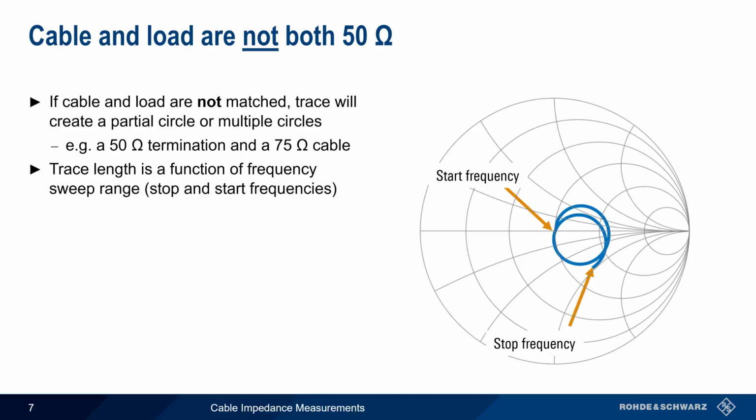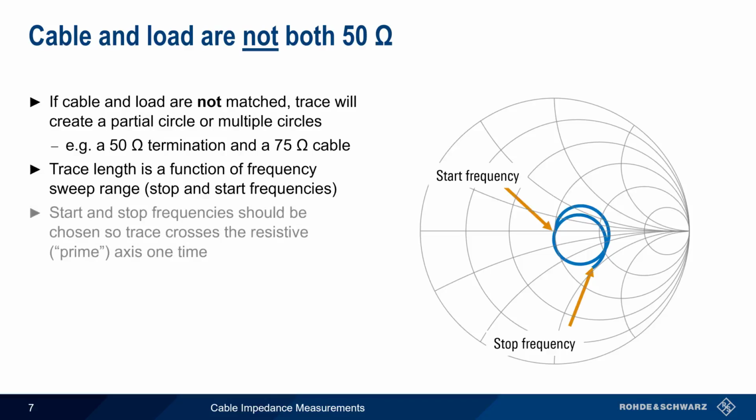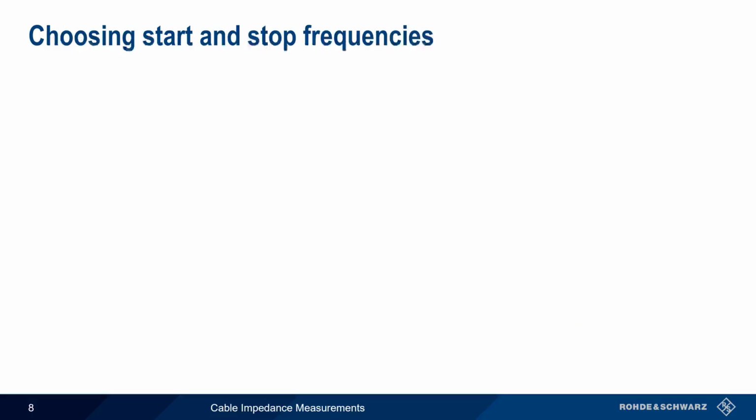In order to determine the impedance of our cable, we want to configure these start and stop frequencies such that the trace crosses the resistive or prime axis one time. The start frequency for the trace is not critical in measuring cable impedance and can usually be set to 100 kHz or even lower.